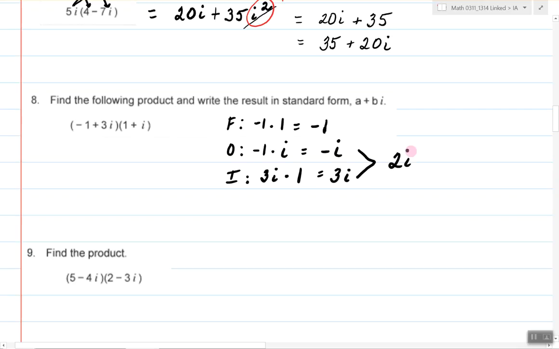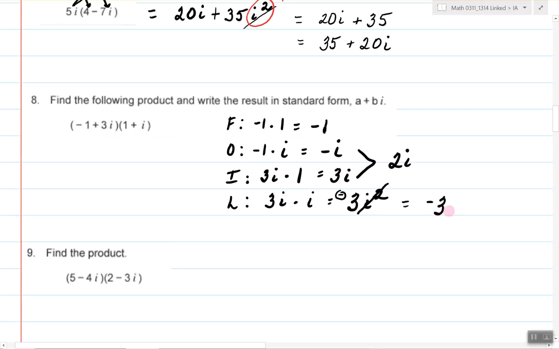Then I have the product of the last, which is 3i times i, which gives me 3i squared. And remember, that's going to change it to negative, so this is negative 3.